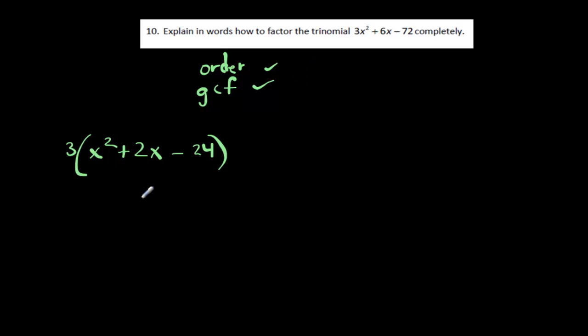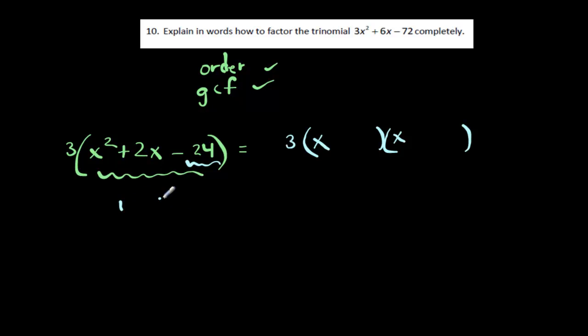Then you would go on and describe the factoring of this trinomial. That trinomial is an easy trinomial. So what we're going to do is find factors of 24 that have a difference of 2.